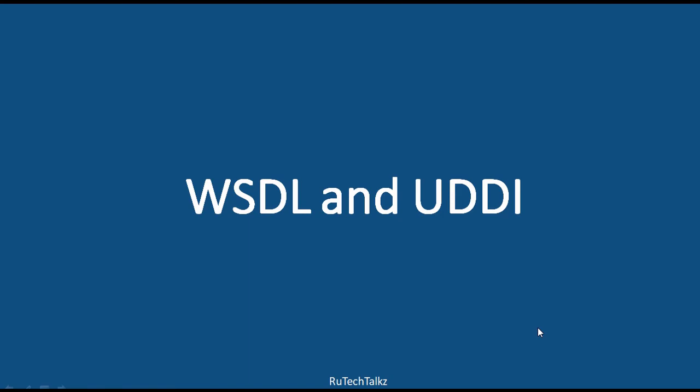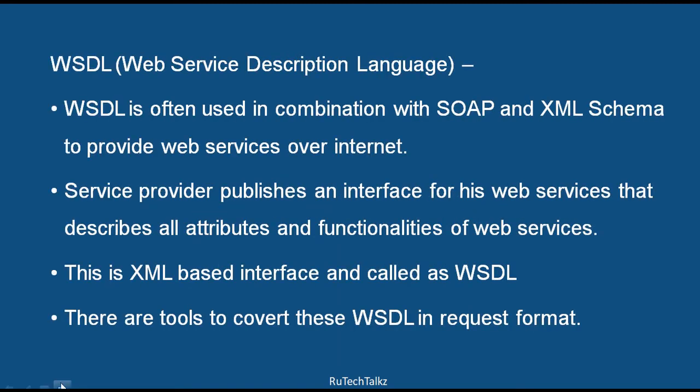Let's learn about WSDL and UDDI. We use WSDL in SOAP requests. WSDL means Web Service Description Language. It is often used in combination with SOAP and XML schema to provide web services over the internet. The service provider publishes an interface for his web services that describes all attributes and functionalities of the web services.